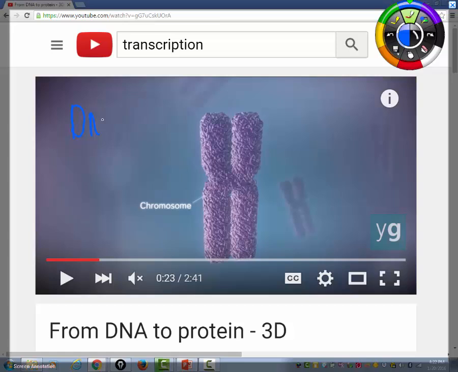DNA comes in basically two styles. It comes in packaged DNA, or in the loose, stringy form.